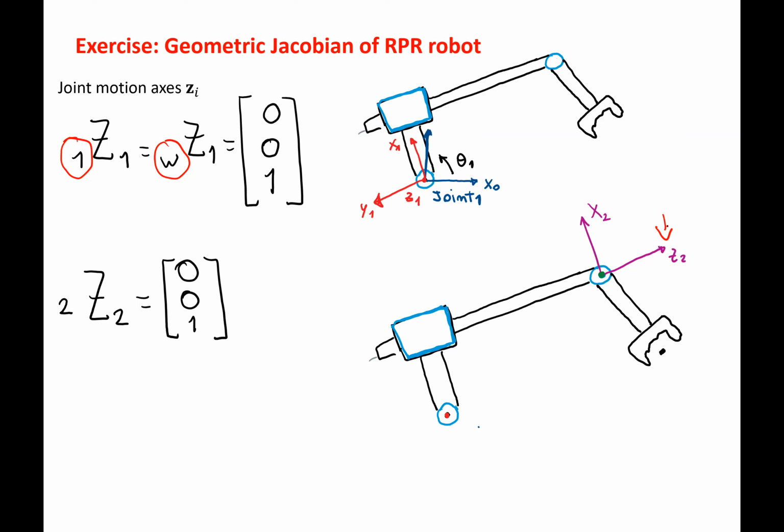We need to express it with respect to the world. So we need to do a transformation using a rotation matrix. We need to pre-multiply the vector by the rotation matrix of frame 2 with respect to the world frame. And now we're going to look at how to get this rotation matrix.